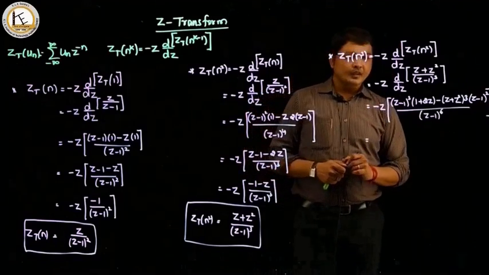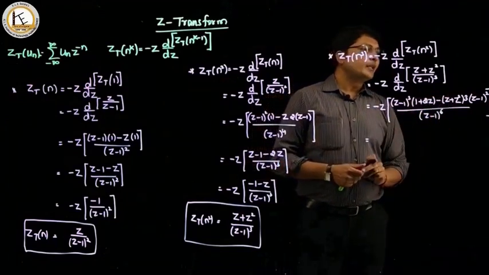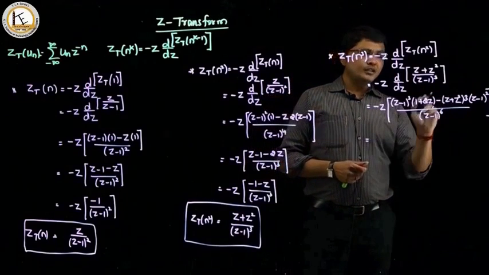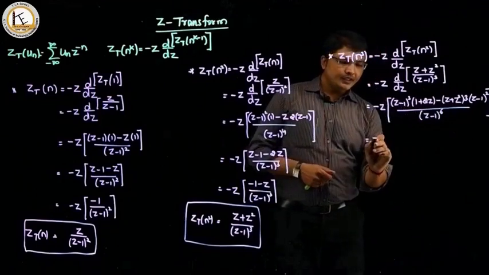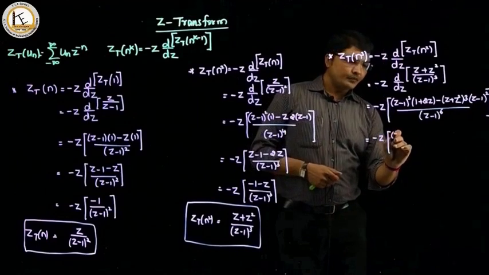Now before simplifying, try to take common factors from the numerator every time. So obviously when you observe the numerator here, we come to know that Z minus 1 is common in both the terms.